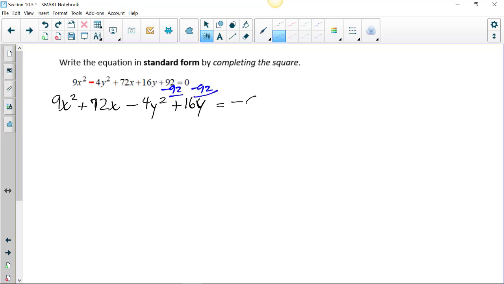So that gives me negative 92. Okay, and I'm going to have to factor out those coefficients on the x squared and the y squared terms first so that I can complete the square. So I'm going to factor out the 9 from the x terms. Leave a space to complete the square.